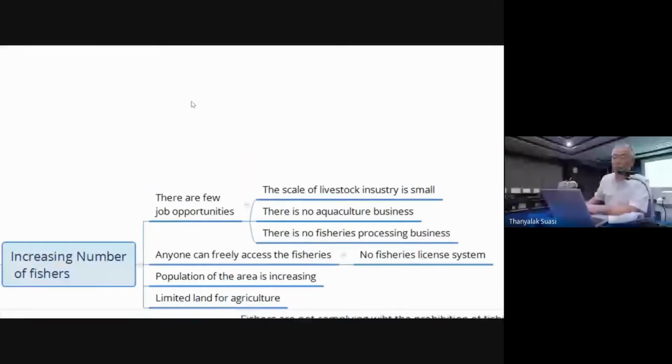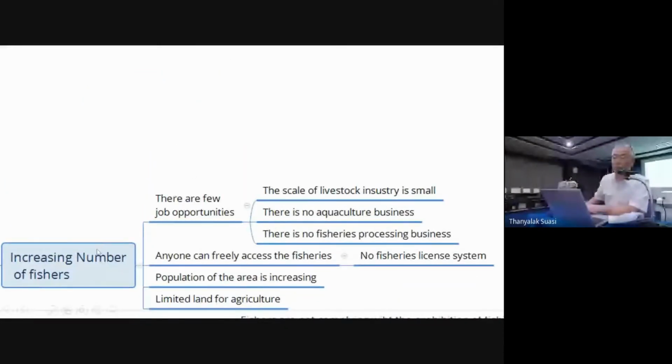The first issue is the increasing number of fishers. Why increase? There are few jobs around this area. Scale is very small. Livestock business. There's no aquaculture business. There's no processing. That's why there are few job opportunities. Second reason, anyone can freely access fisheries.